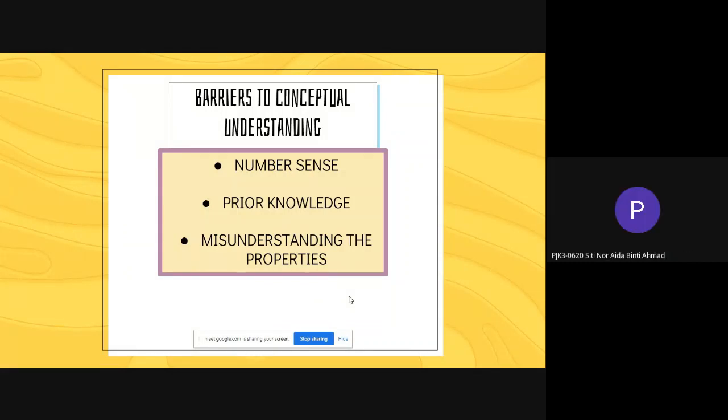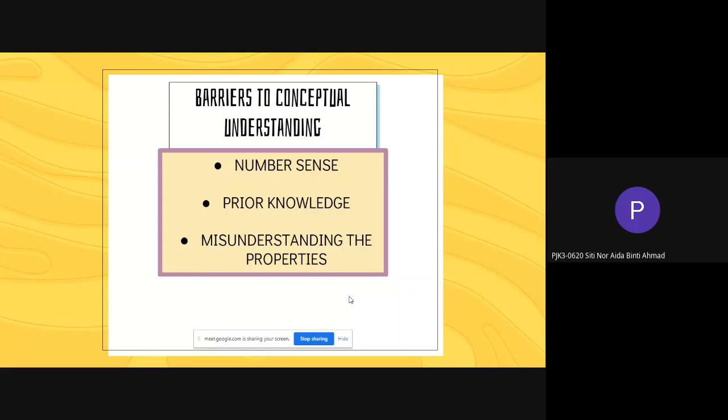Okay. Next is barriers to conceptual understanding. First is about number sense. Second is about prior knowledge. Third, misunderstanding the properties. So, in order to understand the multiplication concept, we must already have the prior knowledge about multiplication, in order to gain the concept of multiplication.